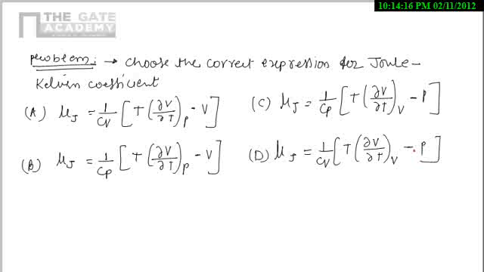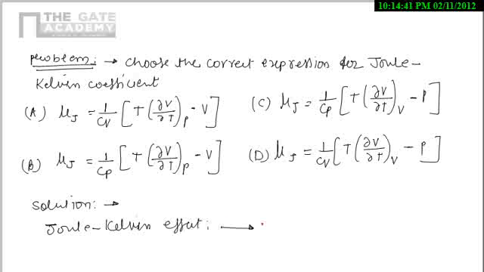So now I would like to discuss the Joule Kelvin effect, and then we will see how we can get the correct expression. So now I am giving the solution for this problem. I will talk first about the Joule Kelvin effect.